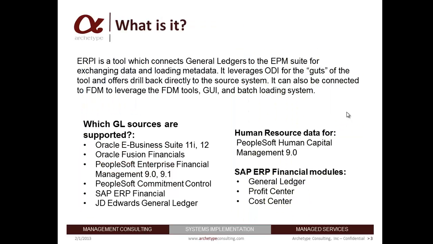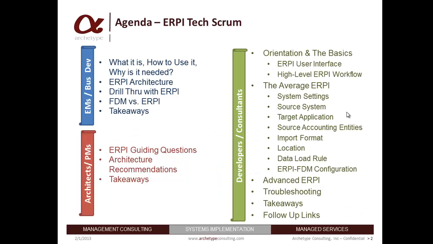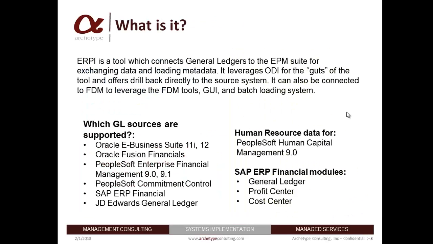So getting started right away, what is ERPI? It stands for Enterprise Resource Planning Integrator, and at the heart, it's an ETL tool that connects to the general ledger, and then you can bring information into the different EPM products like Planning and Essbase. It also has some options for putting the data back, like writing the budget back into your GL, and also drill through capability.